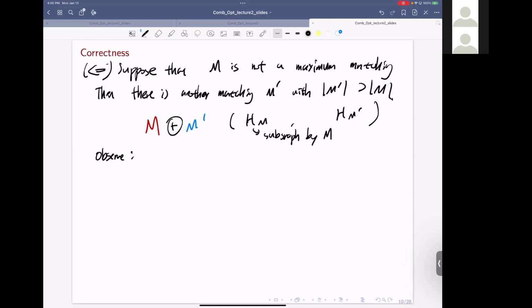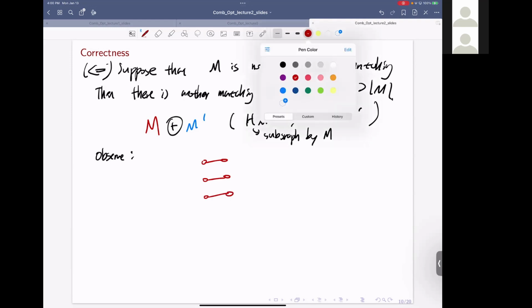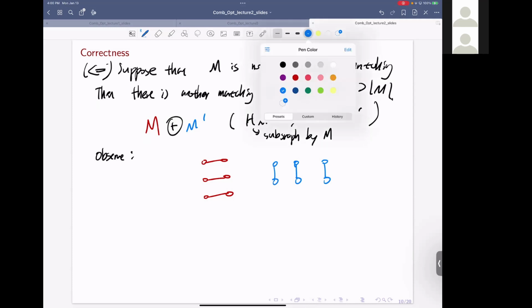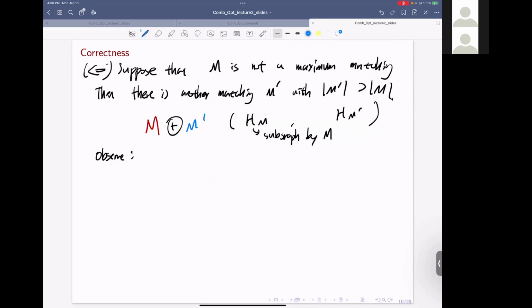Then you get another subgraph, something like red. And if you have M prime, you have something like this. Okay, you get two different subgraphs. And what we want to observe is that every vertex in H_M and also H_M prime has degree at most 1.